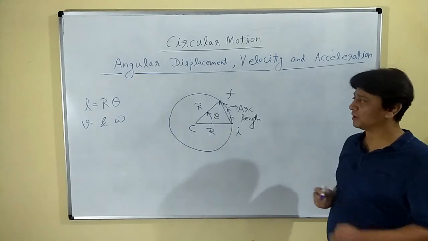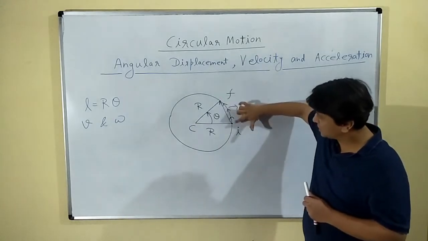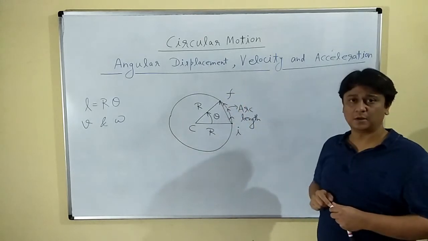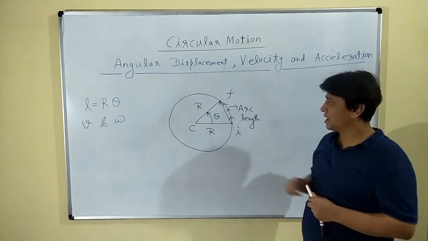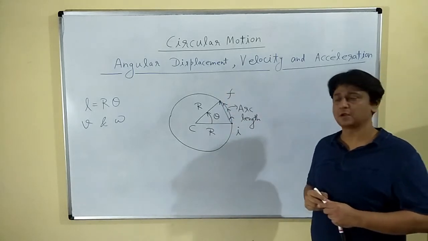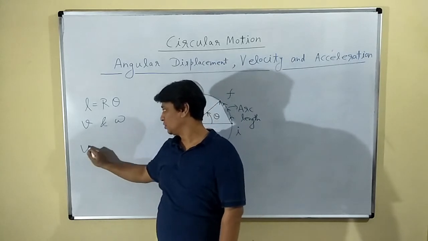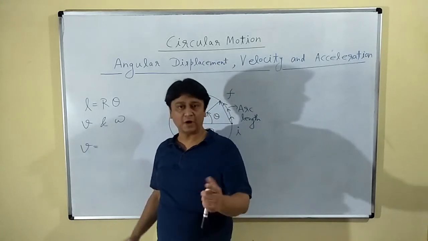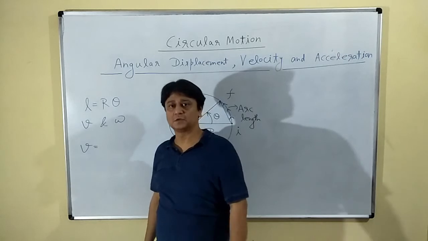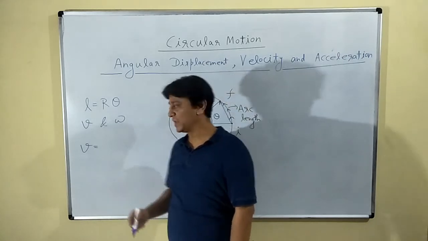Look at this figure. This black path is what? Distance. This blue part is what? Displacement. When we define v, we do not say rate of change of distance. We say what? Rate of change of displacement.